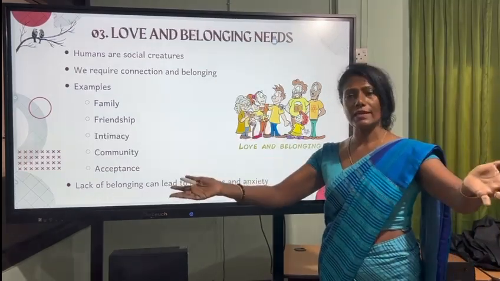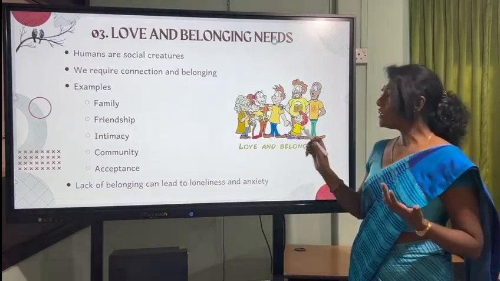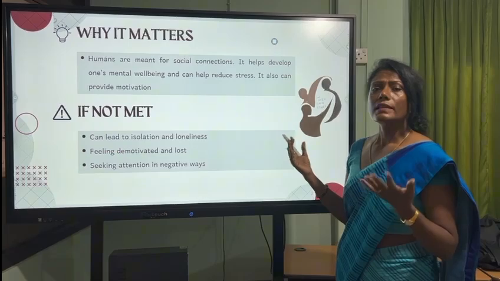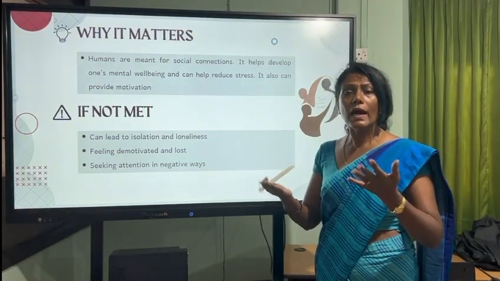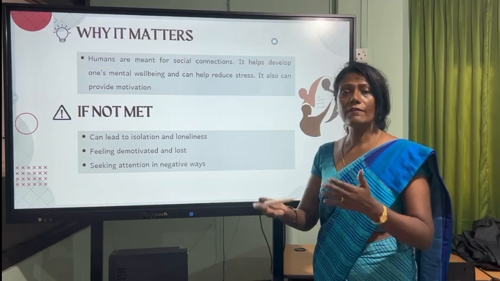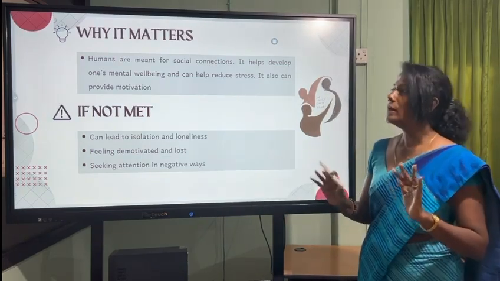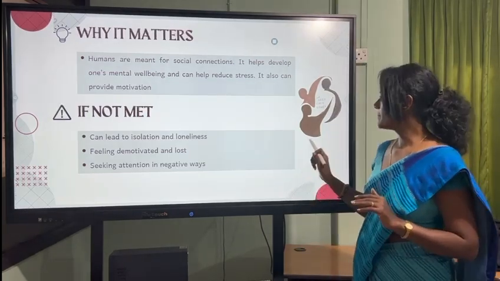They go to the society where the society accepts them. If not, they will lose connections. They will be isolated. They will have loneliness. So this love and belonging is very important.